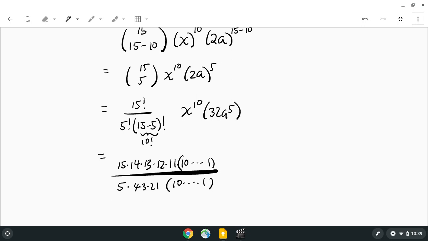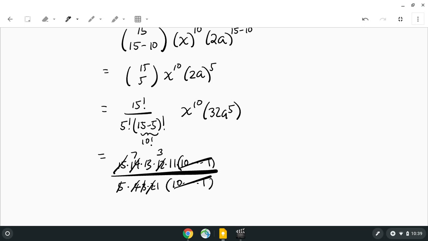So these guys will cancel out. And let's see if we can cancel anything else out. 3 times 5 is 15, cancels with 15. 4 and 12 will cancel. That's 2. So 2 and 14 will cancel.